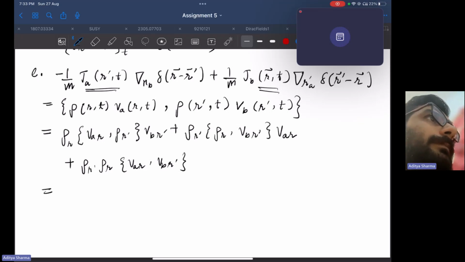And this is equal to, we know VA and rho R, we just found it.